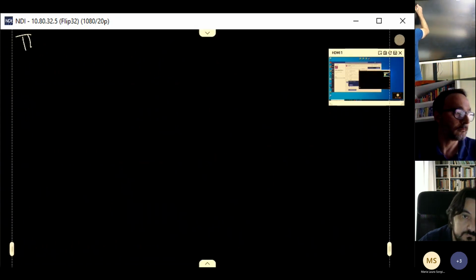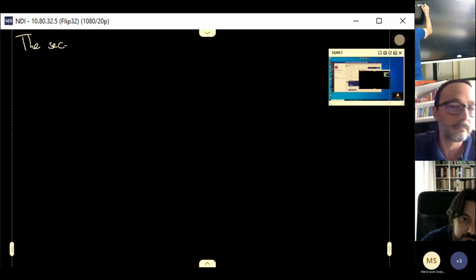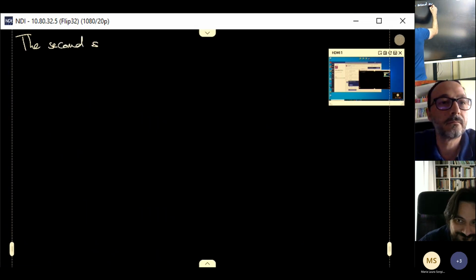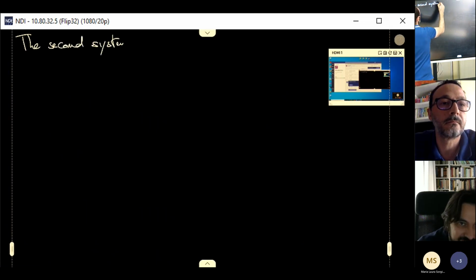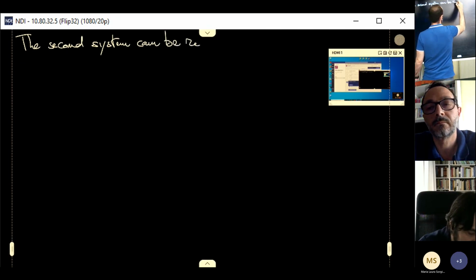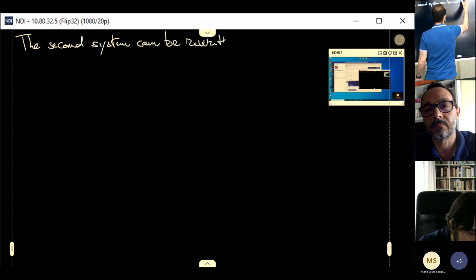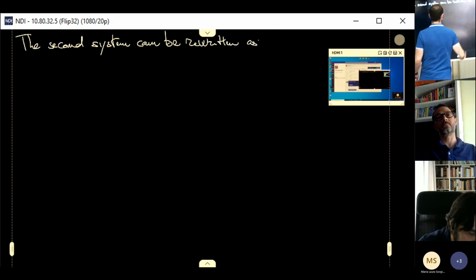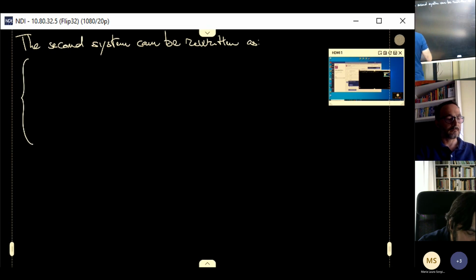So the second system can be rewritten as such. We have two equations.